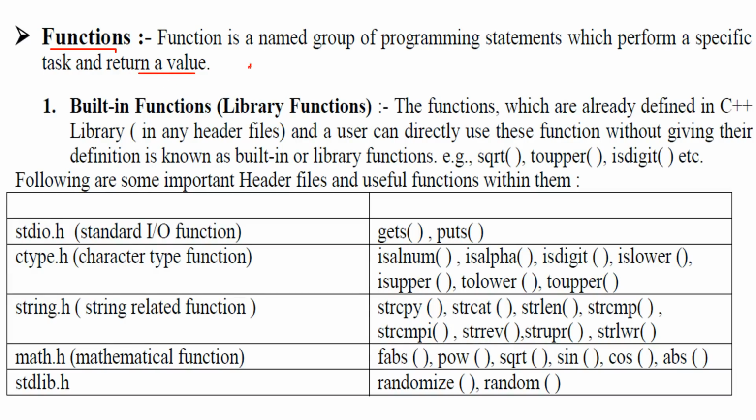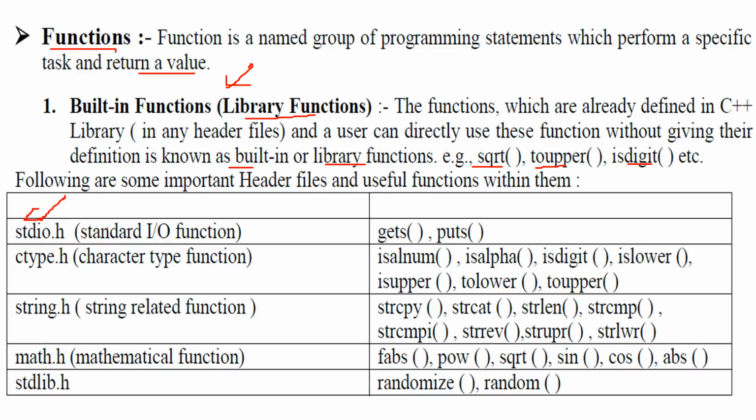So we have built-in functions, that is the library functions. These are already there in C++ in the header files, and we can directly use these functions. We don't have to give their definition because the definitions are already built in. You will find it in the library functions like the sqrt, like the toupper, like the isdigit. So these are some header files and functions which we generally use.